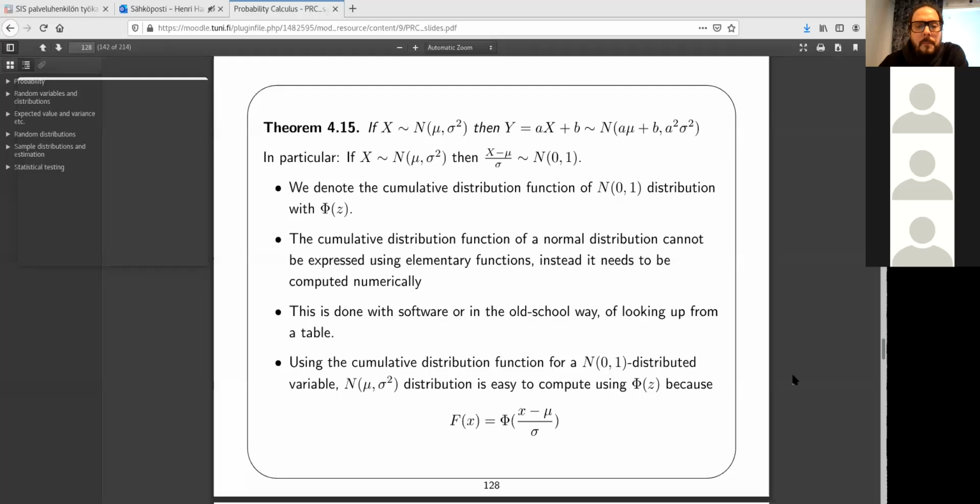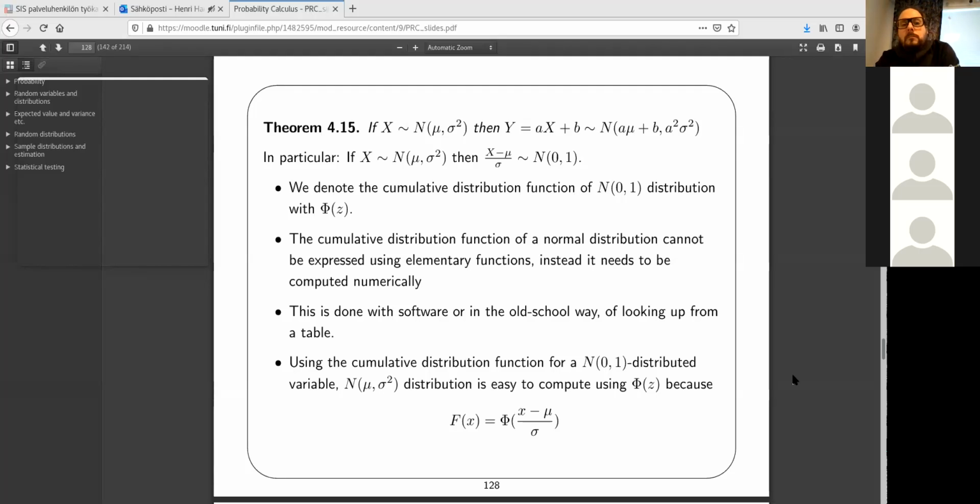Right. Let me get back to the material. That's why the use of these tables is very common. Sorry, I'll have to resume that share. It can be found here. Right.